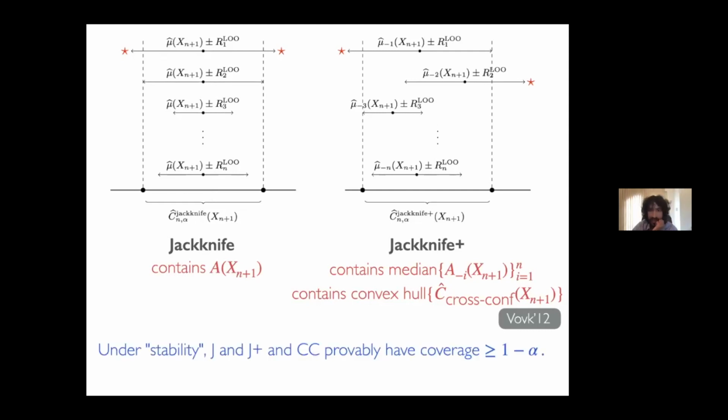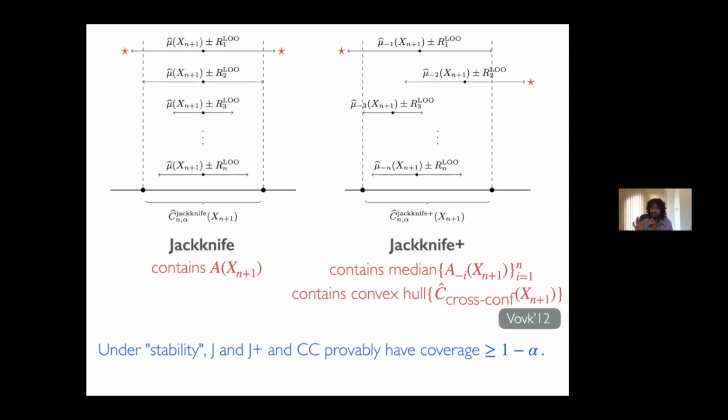Now you might ask, you've made no assumptions relating A minus i to A and so on. If you actually make some assumption of stability, and I don't want to go into this in the talk, but you can look at it in the paper, if you make some stability assumption about how the algorithm does when you leave a point out and don't, then all three, jackknife, jackknife plus, and cross-conformal, have a coverage of at least 1 minus alpha.